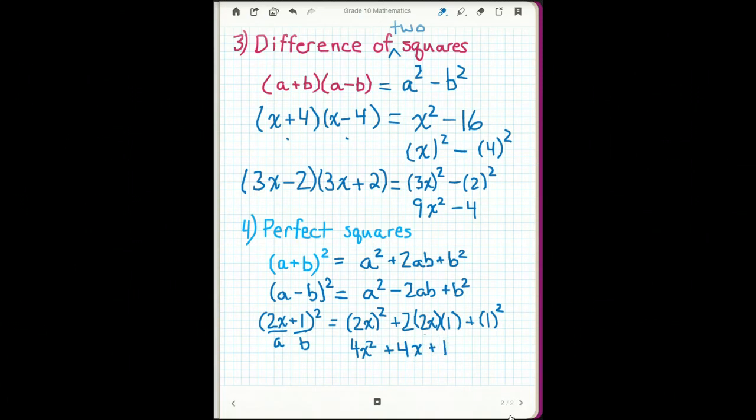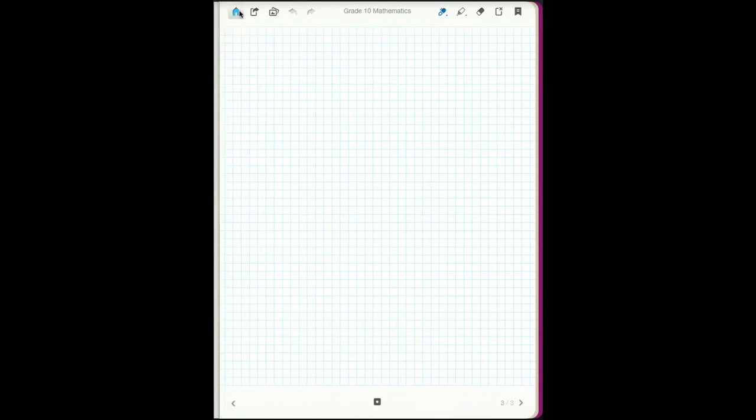Okay, let's do another example using the pattern. So let's do 3 minus 2y and square it. Now I don't have the pattern in front of me, but I've used it so much I can remember it. Maybe it's helpful to just write it here for a minute. A squared minus 2AB plus B squared. This time I'm using the subtraction one, because there's a minus sign in between the terms. So my first term is 3, so we square that.